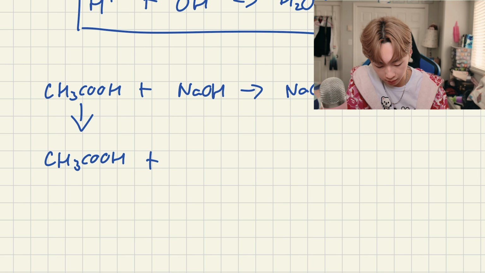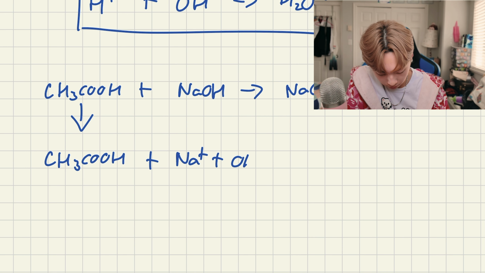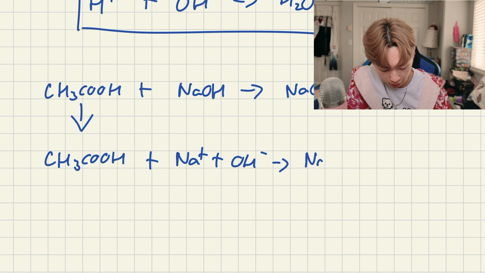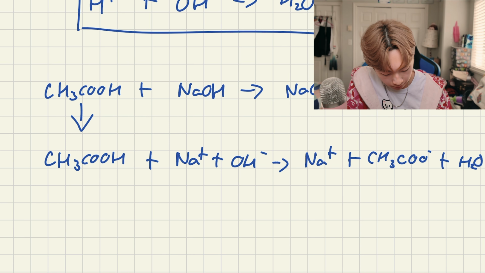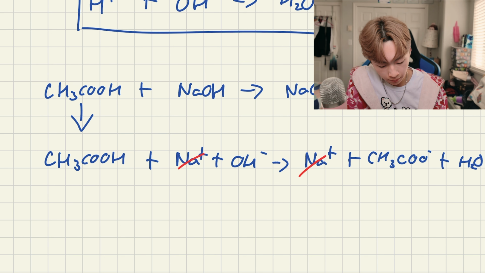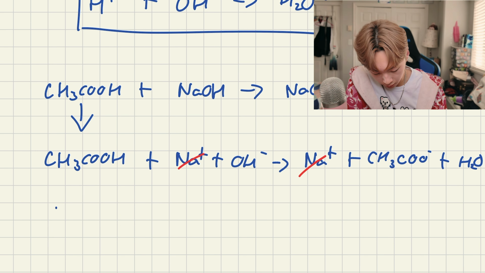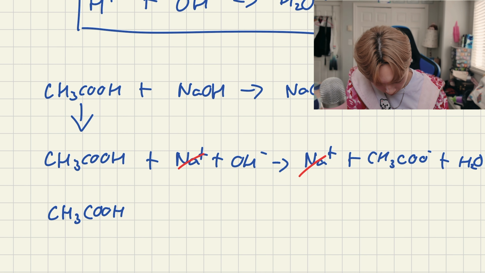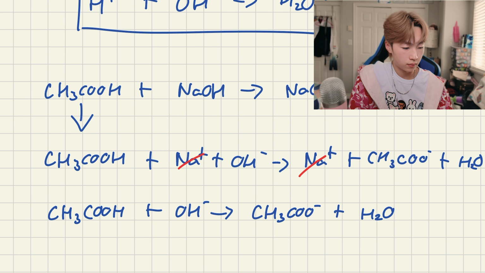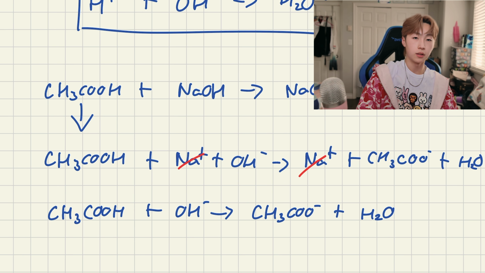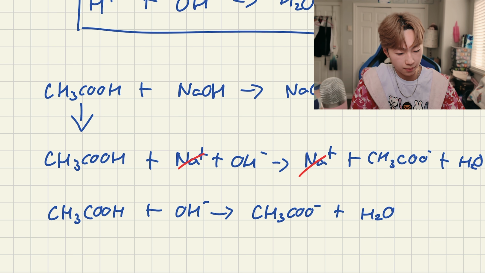We can dissociate our NaOH. We just dissociate this one. And water. Now we can cancel our sodium, and that's how you do complete and net ionic equations.